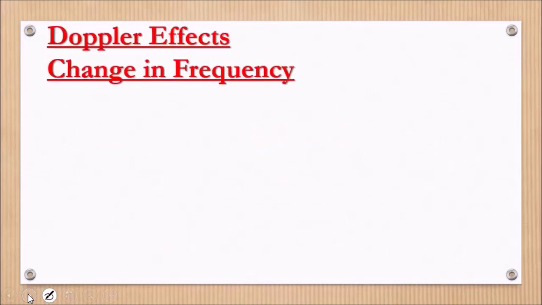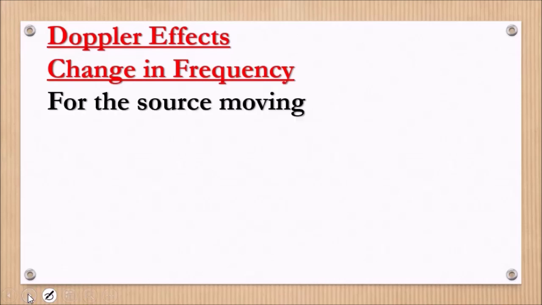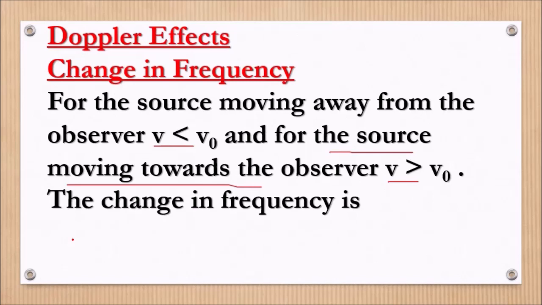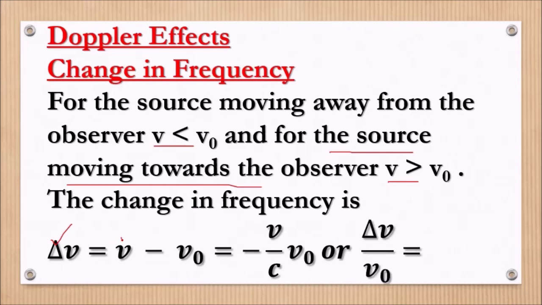Doppler effect, change in frequency. For the source moving away from the observer, when v is less than v naught, the observer's velocity, and for the source moving towards the observer, when v is greater than v naught, then the change in frequency is v minus v naught equal to minus v by the velocity of light times v naught.